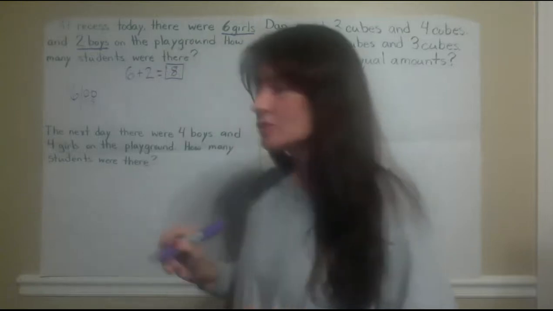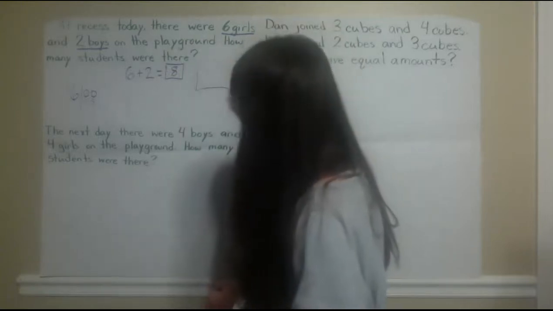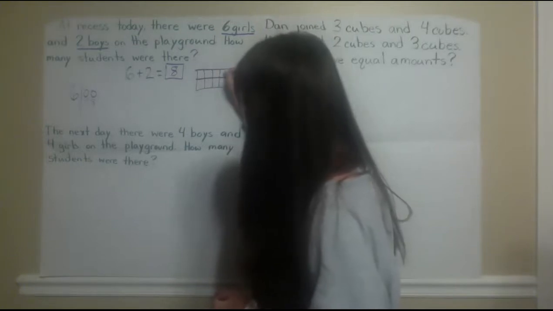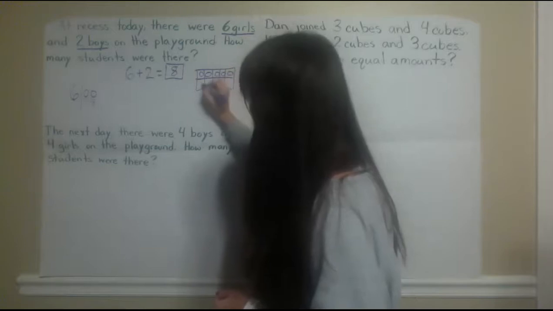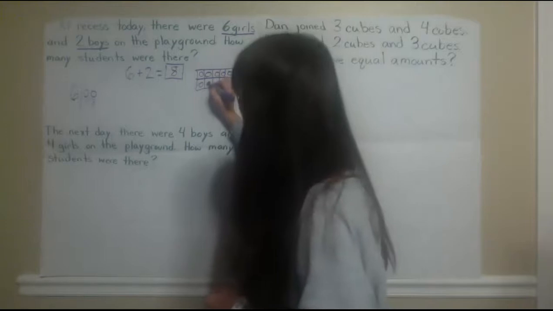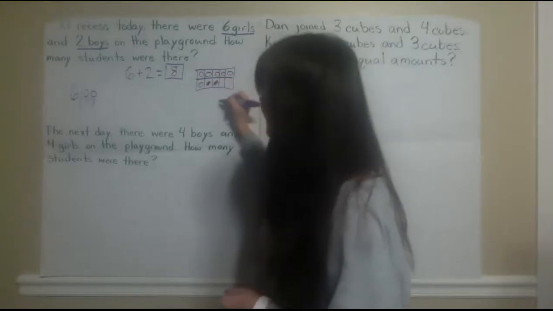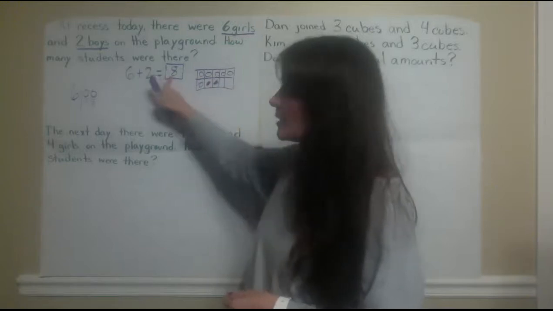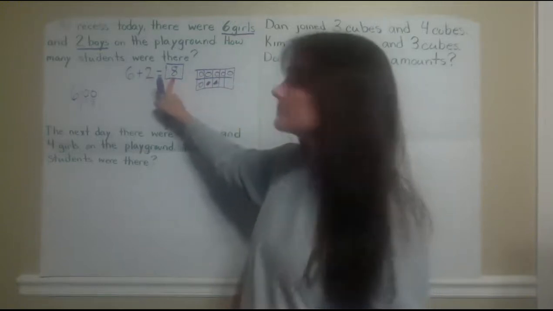I saw some other strategies, such as a 10 frame. If I had 6 and I added 2 more, 6, 7, 8, my answer would still be 8.